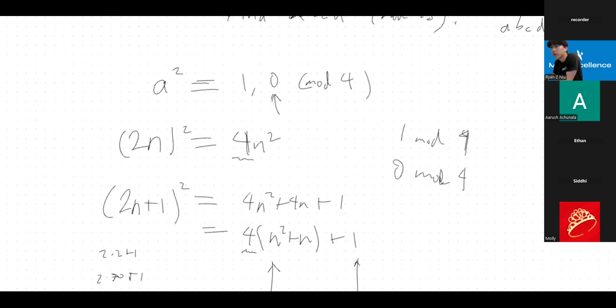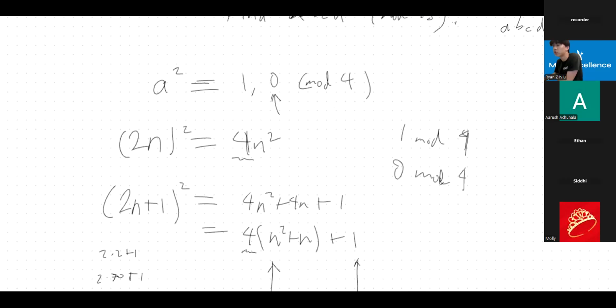Now we can think: a squared can be 0 or 1 mod 4, and b squared can also be 0 or 1 mod 4. But the problem is there's no way that we can use zeros and ones to get 3. 0 plus 0 is going to give us 0. 0 plus 1 is going to give us 1.